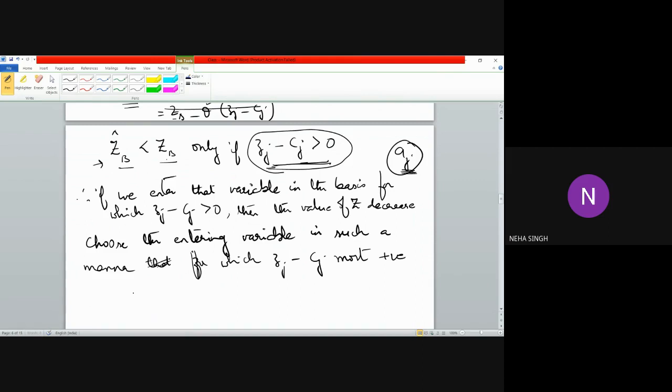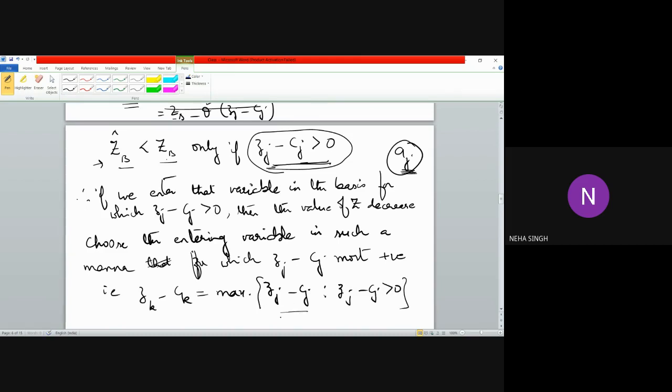Or in a way, we choose Zk minus Ck to be the maximum of all Zj minus Cj's such that Zj minus Cj is more than 0.